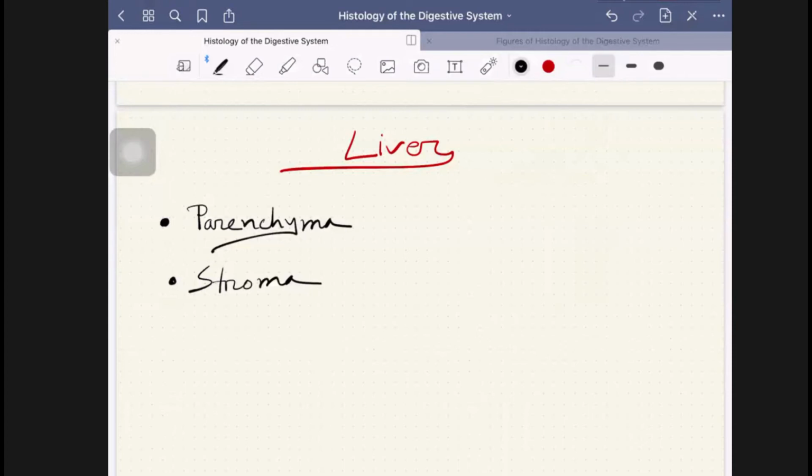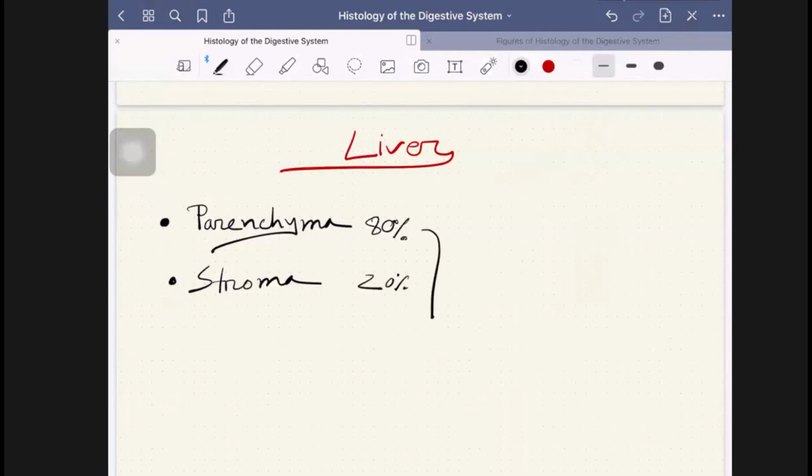So parenchyma, in the case of a gland, is the secretory part of the gland, and the fibrous or supporting structure is called stroma. In the liver, the stroma is only 20% and the parenchyma is almost 80%.